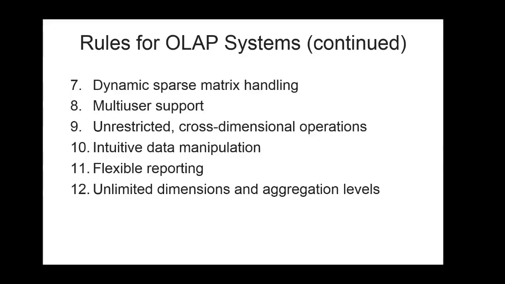Intuitive data manipulation: users should be able to act directly on individual data values without needing to use menus or other interfaces. Flexible reporting: users should be able to retrieve data results and view them in any way they want to analyze. Unlimited dimension and aggregation levels: OLAP software should allow at least 15 data dimensions and an unlimited number of aggregation levels.